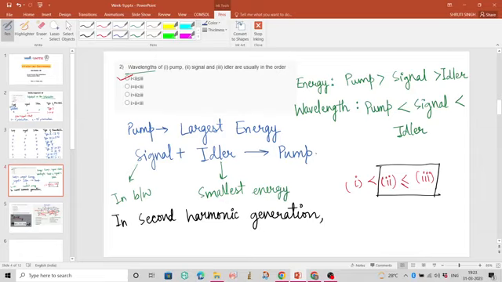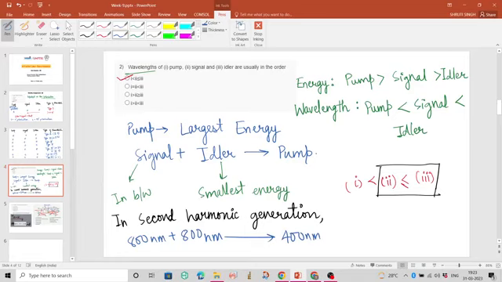Suppose we feed an 800 nanometer pulse, and we get the second harmonic as 400 nanometer, right?